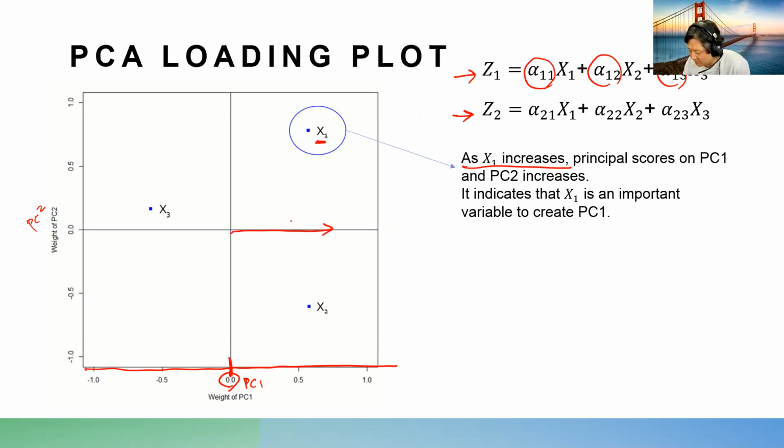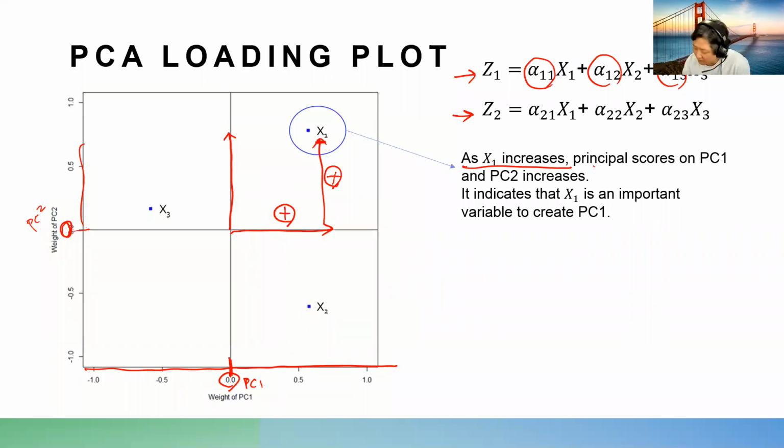This is positive, so the principal score on PC1 increases, and also this is positive, this is 0, this is positive, right? So x1 increases, the principal scores on PC1 and PC2 both increase, right? So it indicates x1 is an important variable to create PC1.